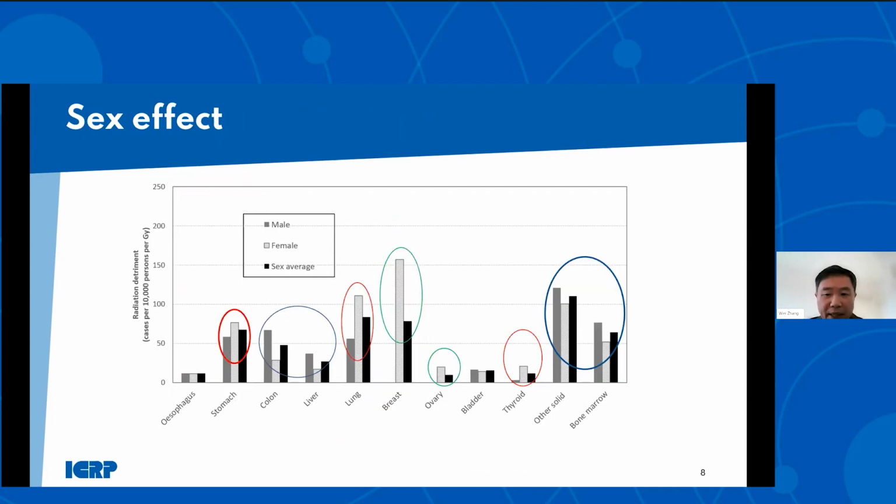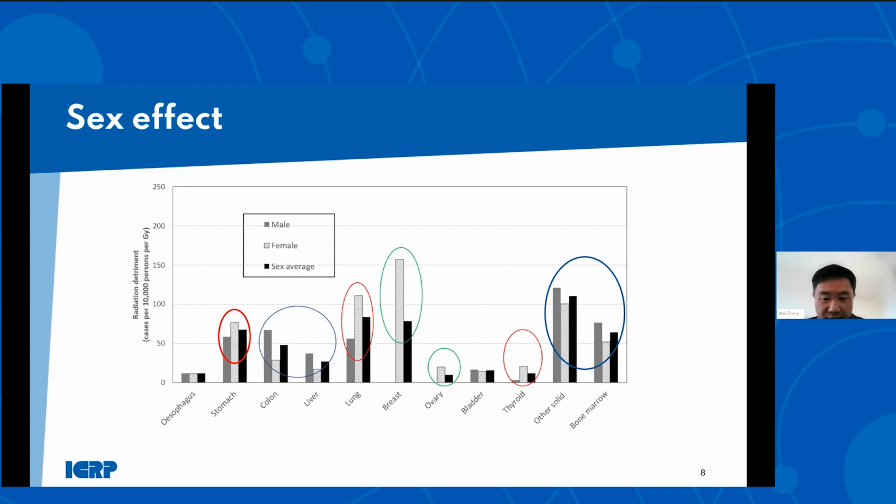In ICRP publication 103, the standard detriment was averaged over sexes. This methodology applied to all cancer types, despite the fact that some cancers are sex-specific, such as ovarian cancer and breast cancer. This graph shows the detriment separately for males and females, and averaged over sexes.